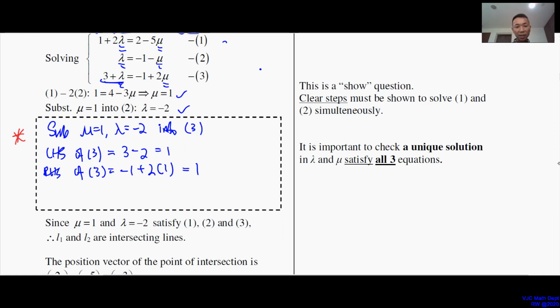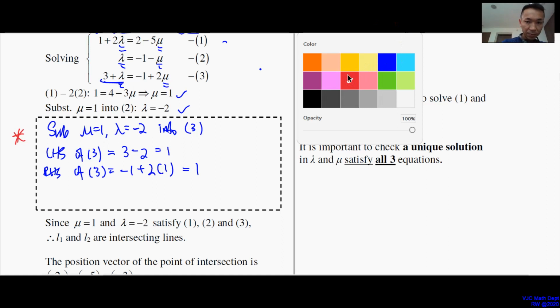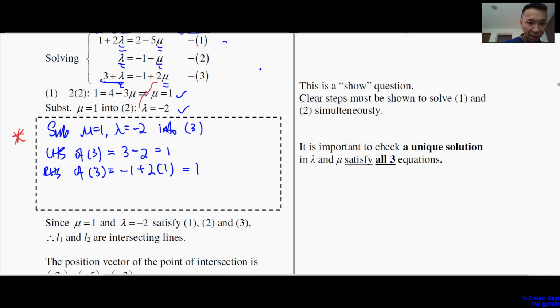What does this tell me? This solution set now satisfies equation 1, equation 2, and equation 3. This is to check whether it satisfies equation 3 too. It is super important to check that there's a unique solution that satisfies all 3 equations.